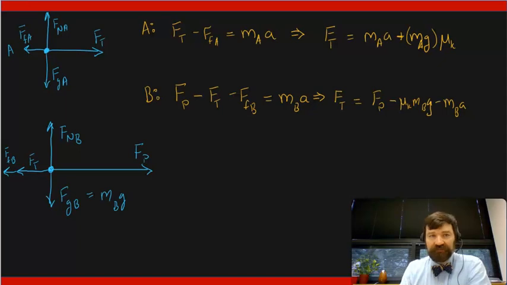Now notice that I have isolated here the tension force on the left-hand side of both equations. So I should be able to just set the right-hand sides equal to each other.